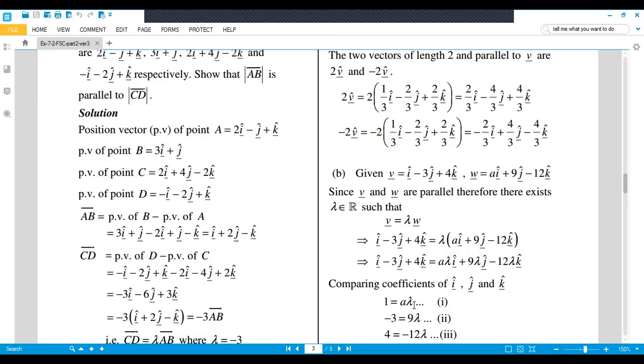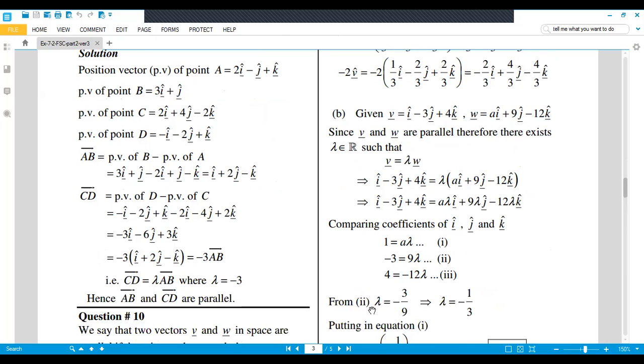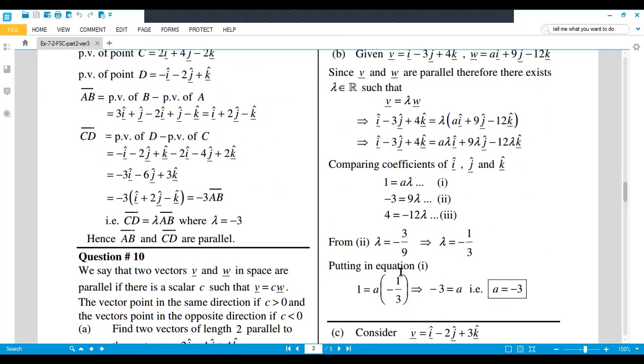So A equals lambda, minus 3 equals 9 lambda, and 4 equals minus 12 lambda. From the second, the value of lambda is minus 1 over 3. If you put it in equation number 1, you get A equals minus 1 over 3 times... so minus 3 divided here and shifted to the other side gives A is minus 3.